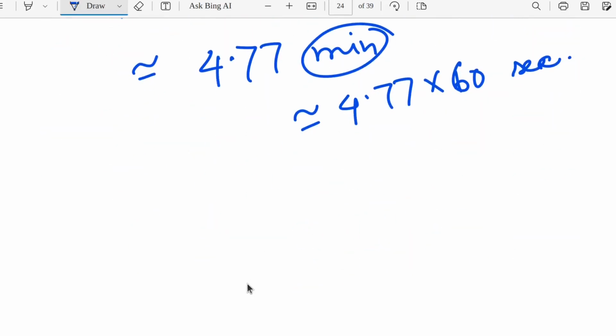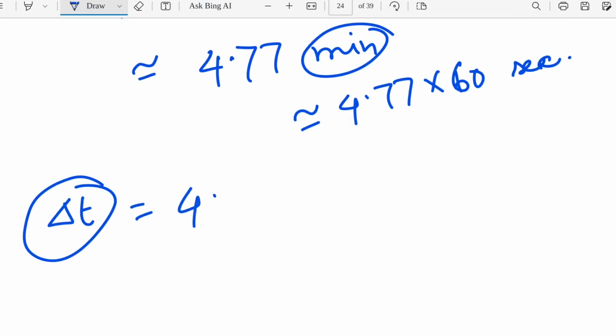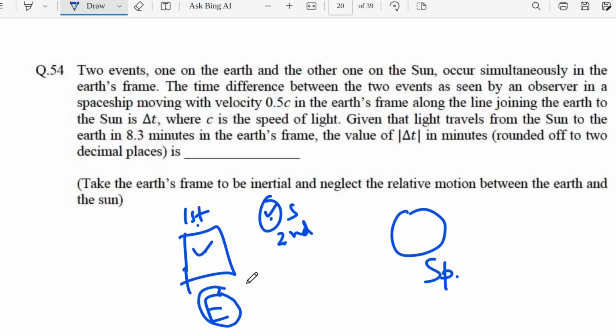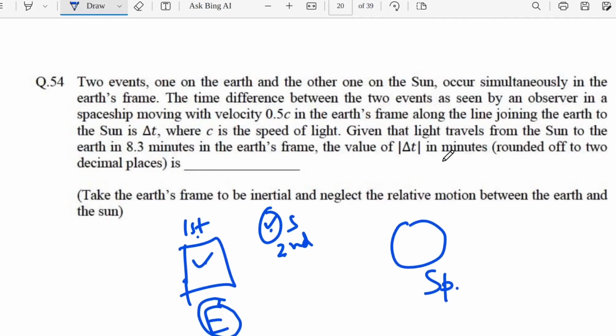So you can have the knowledge of what the value of delta t will be. The delta t will be 4.77 minutes, and I think the question asked for the unit of minutes. Yes, delta t in minutes, rounded off to 2 decimal places. So that's why our result is 4.77 minutes.